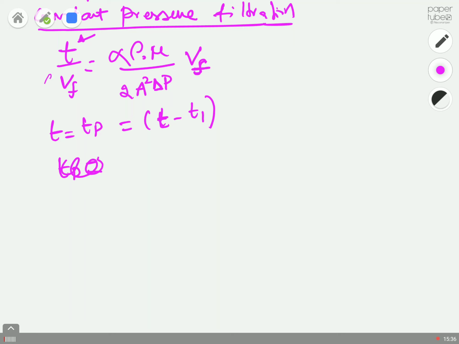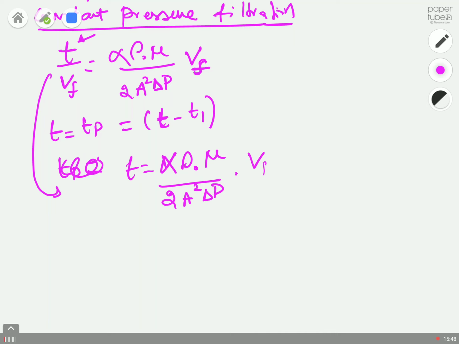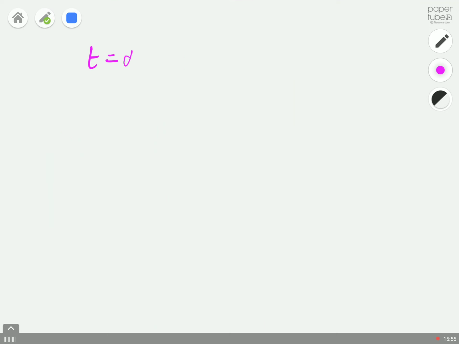So just to rewrite this equation here, T is equal to alpha rho 0 mu divided by 2A squared delta P, multiplied by Vf, into Vf. Therefore T will be equal to alpha rho 0 mu by 2A squared delta P into Vf squared. So this is the filtration time if you operate the filtration unit at a constant pressure.